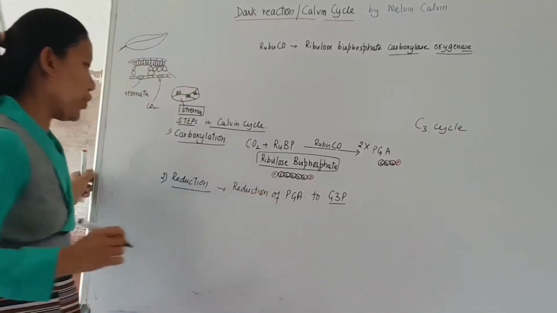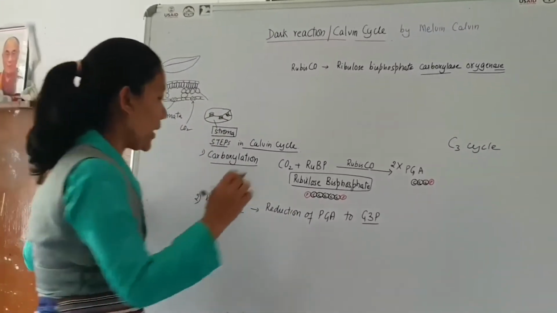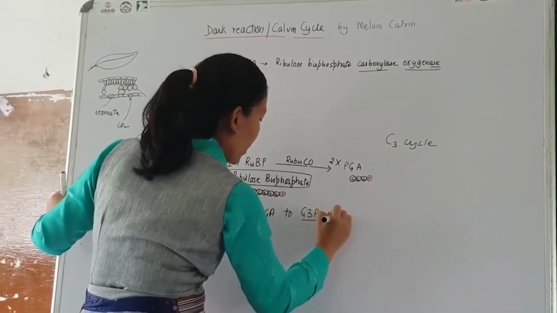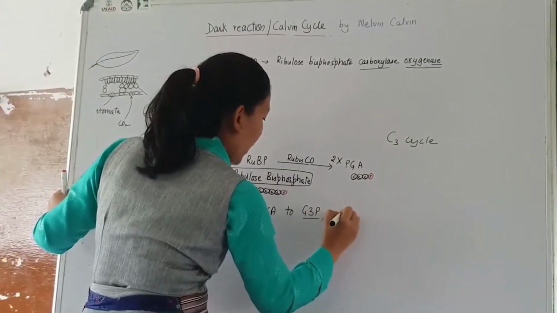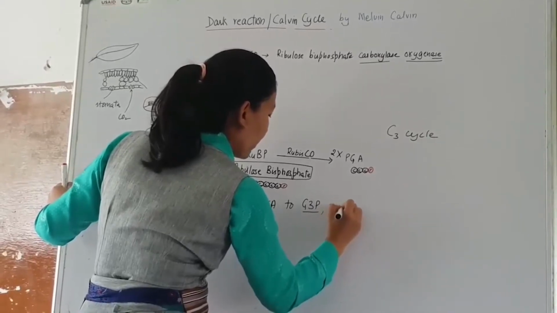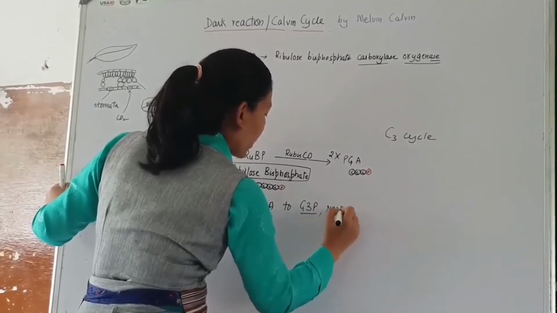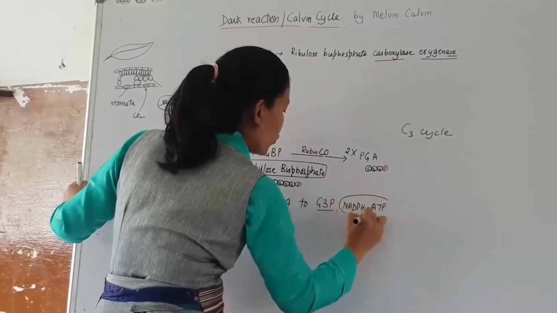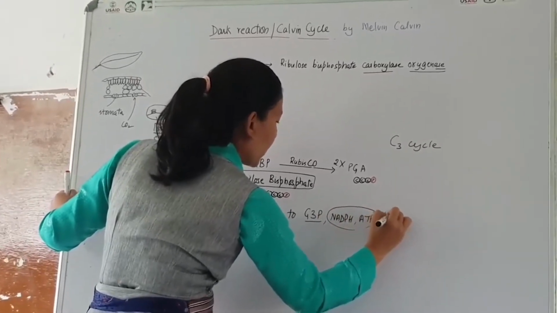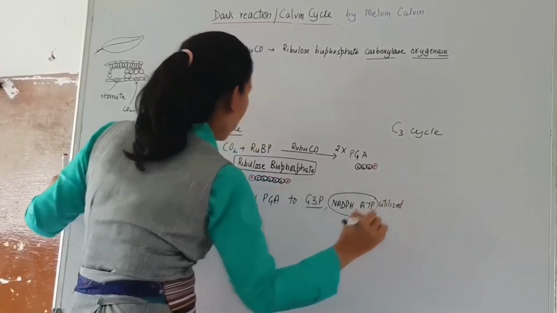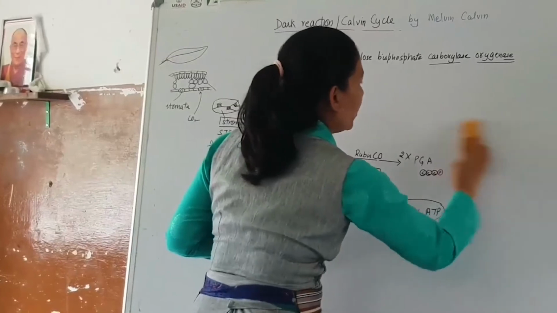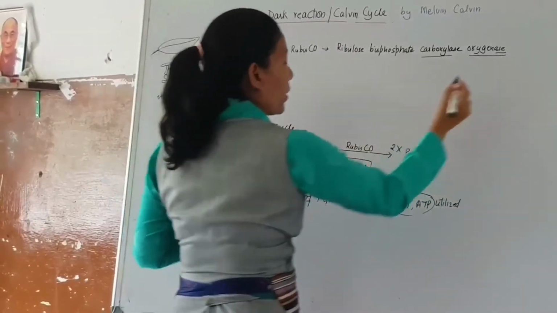So there is a reduction of PGA to G3P, utilizing NADPH and ATP. So these two are utilized during the reduction process.